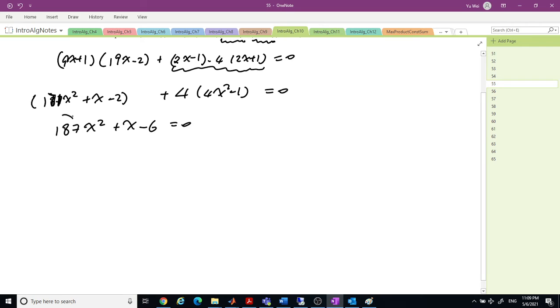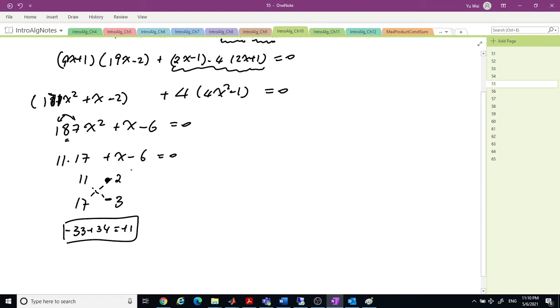So this one you can see here, that's 11, right? 11 times 17 plus x minus 6 equals 0. So let's do this. And I think maybe 3 and 2 here, right? It's negative, so it's positive. So this is negative 33 plus 34, which is equal to plus 1.